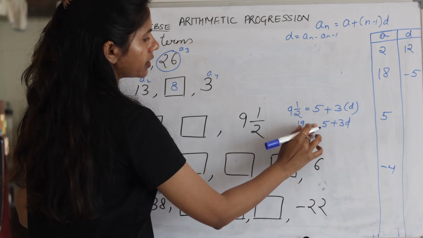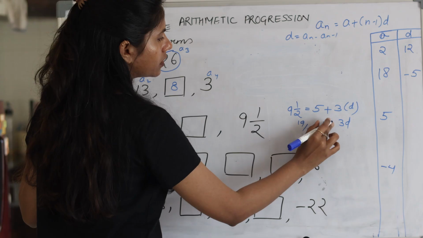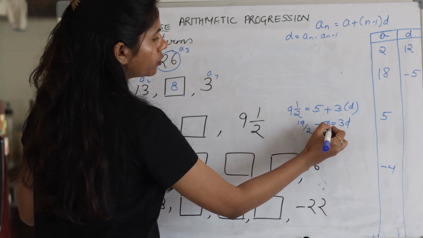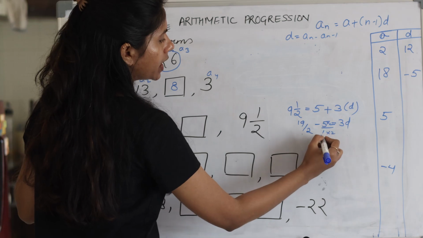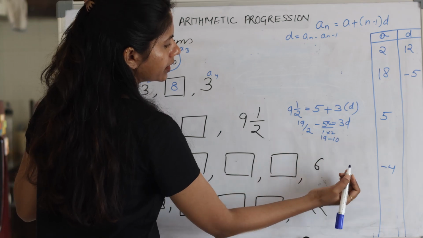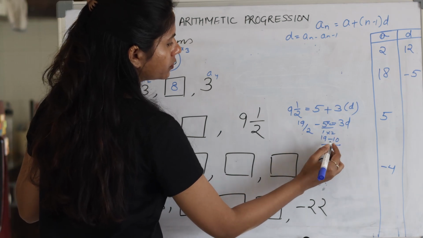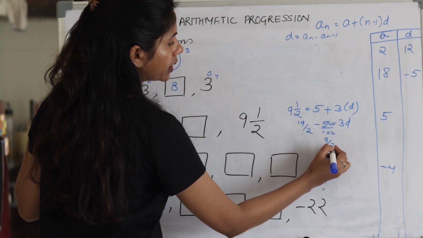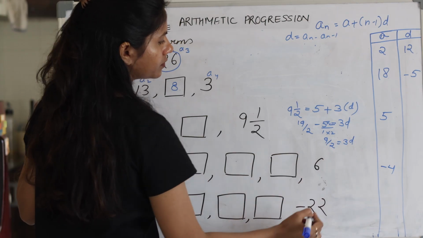Now 5 will come to this side as minus. Now into 2, 1 into 2, it will be 19 minus 10 by 2, which is 9 by 2, equal to 3D.